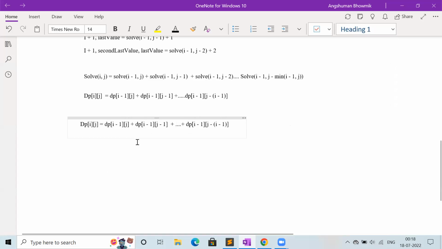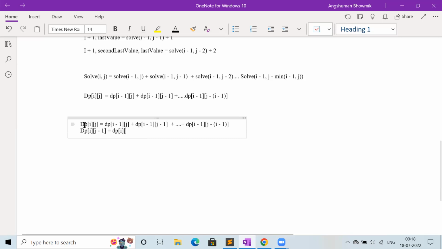Okay. What will be the value of dp of i and j minus 1?